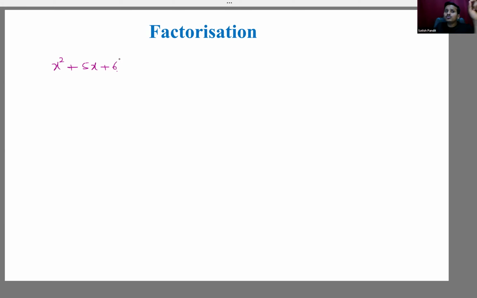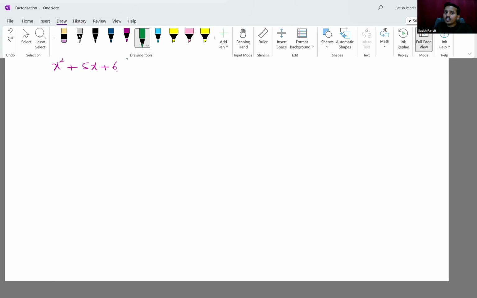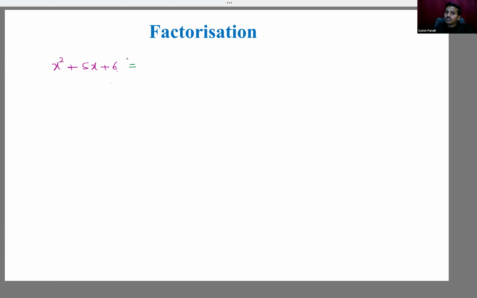If I'm able to write this quadratic polynomial as a product of two linear polynomials, linear polynomial 1 into another linear polynomial, that is linear polynomial 2, then we call that factorization of a quadratic polynomial.